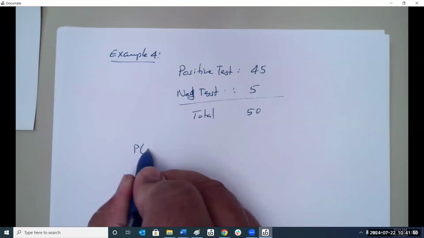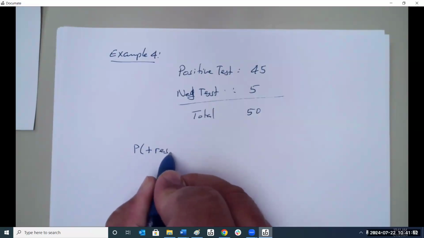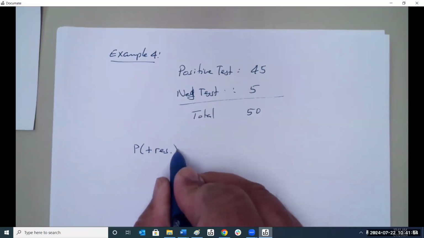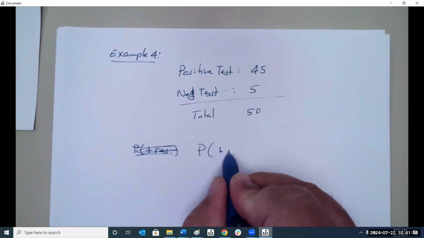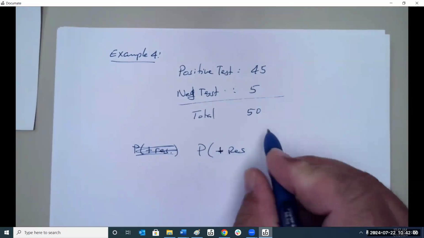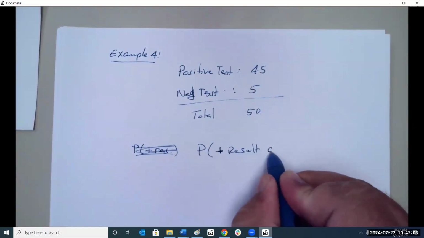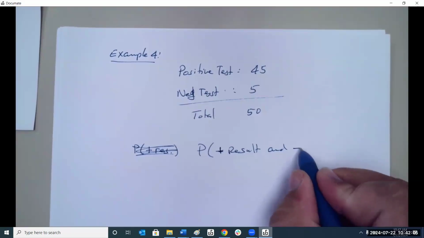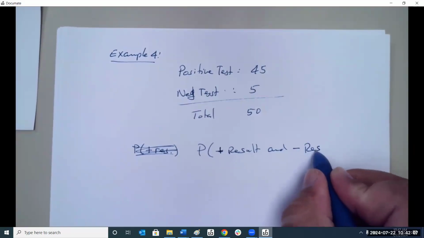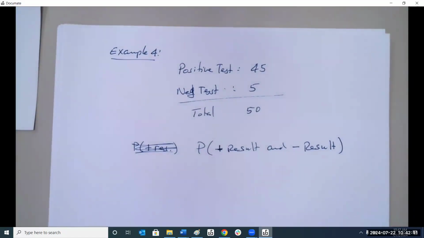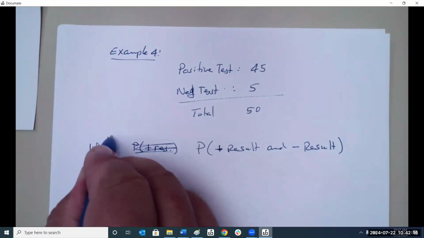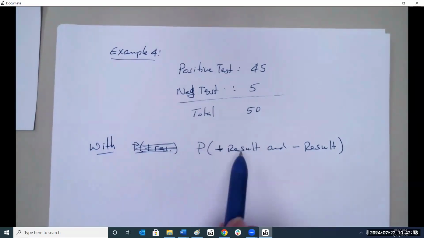The probability of a positive result, and the second will be a negative result. This is with replacement. So what's the probability of getting a positive test result?